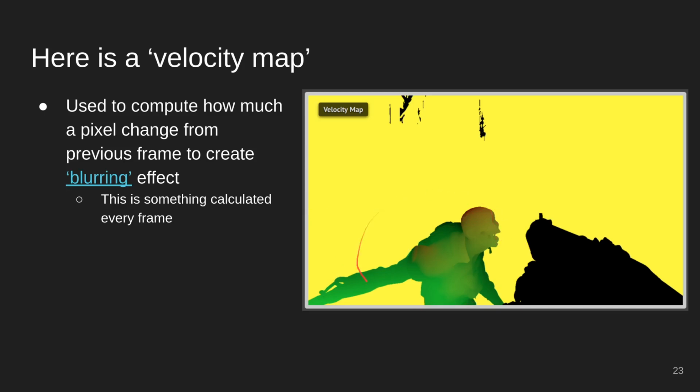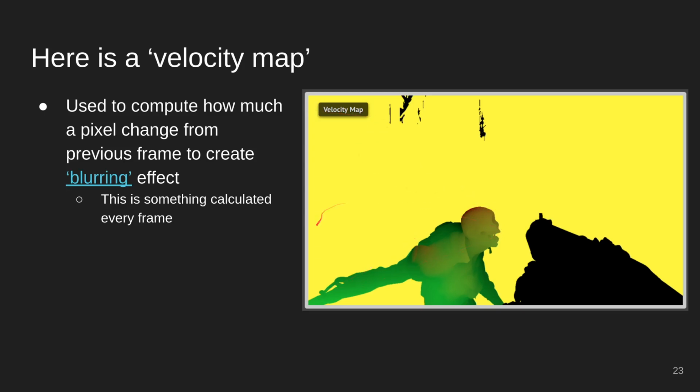And what this image is showing is a similar technique to the normal maps, where the direction that this character is moving, so sort of to the right here, we're coloring in the vectors where this motion happened in a particular direction. This gives you something called a velocity map.